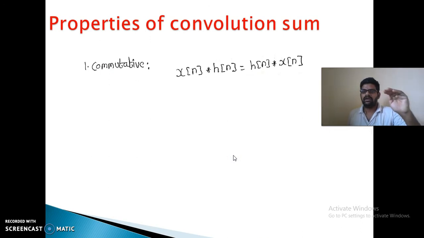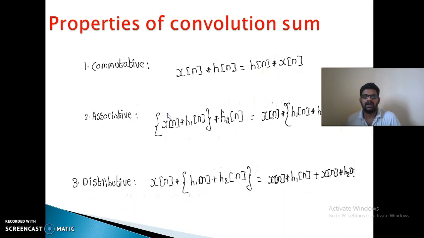What are the properties that exist in continuous time convolution? The same properties exist for discrete time convolution also: commutative property, associative property, and distributive property. Commutative property: x of n convoluted with h of n is equal to h of n convoluted with x of n. Associative property: x of n convoluted with h1 of n convoluted with h2 of n is equal to x of n convoluted with the convolution of h1 of n and h2 of n.